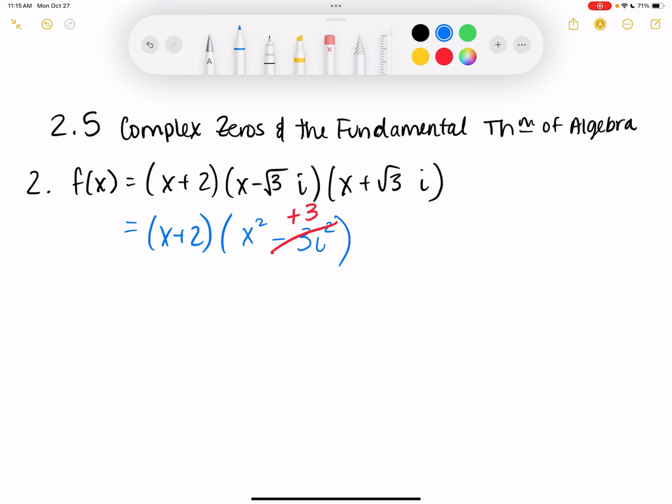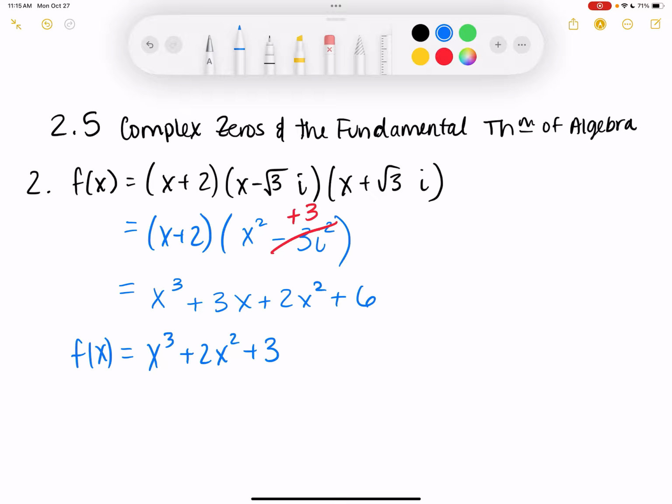And then FOIL this. So I would get x cubed plus 3x plus 2x squared plus 6. Then I should rewrite it. So I have f of x is equal to x cubed plus 2x squared plus 3x plus 6. So that's part of what they asked me for.